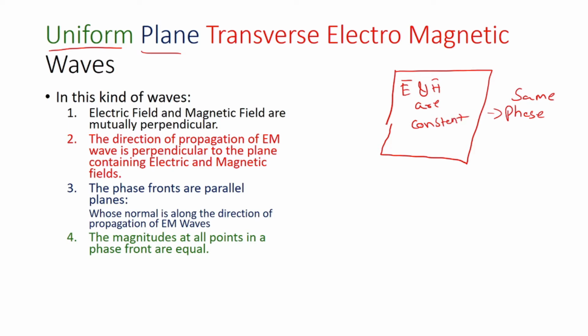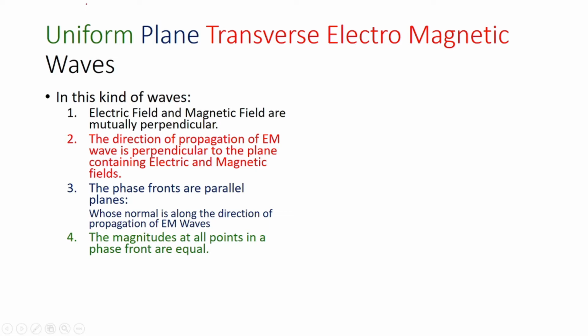That is the meaning of a uniform plane wave. That is, not just the phases, the magnitudes are also constant. So this concludes the introduction on uniform plane transverse electromagnetic waves. Let us see how this affects the nature.